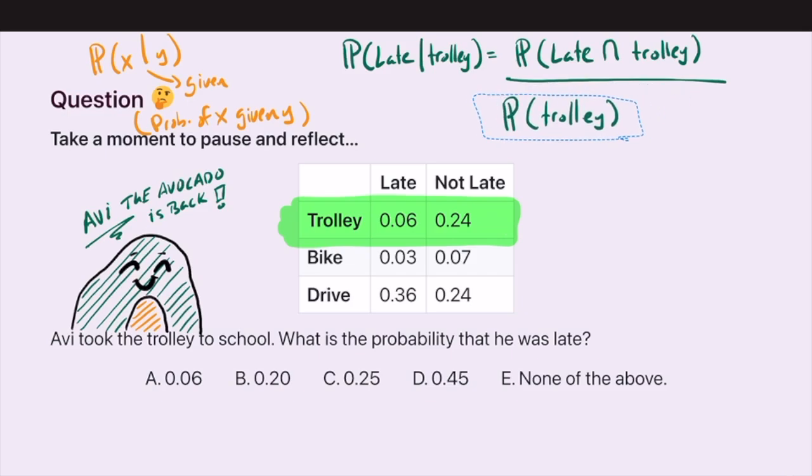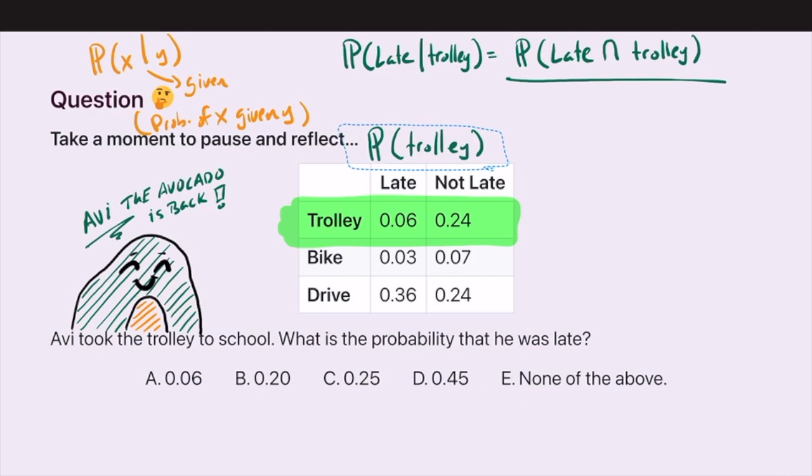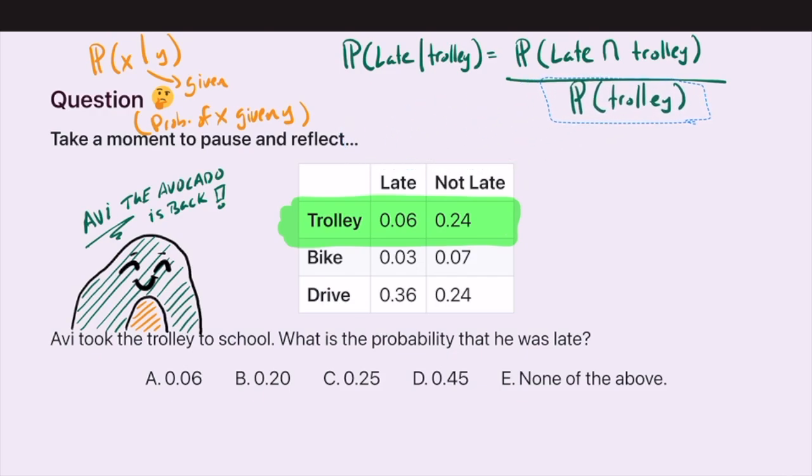So let me move this over. I think I want to keep this here. I think I'm going to rewrite it. So this is now equal to, we have the same numerator. And let's rewrite our denominator.